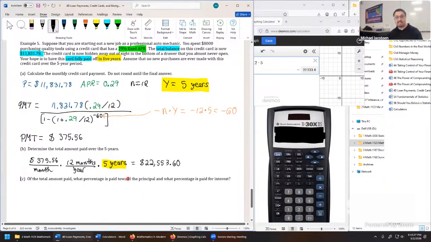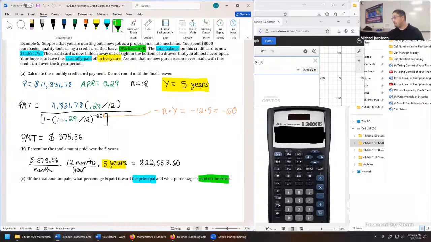So if they really stick to that, didn't deviate one bit, we'll analyze the percent paid towards principal and percent paid towards interest. We can probably already kind of see it. It looks like towards principal, we're in the range of around 50%, comparing that total to that principal. So let's get this on paper. We can now say the percent.